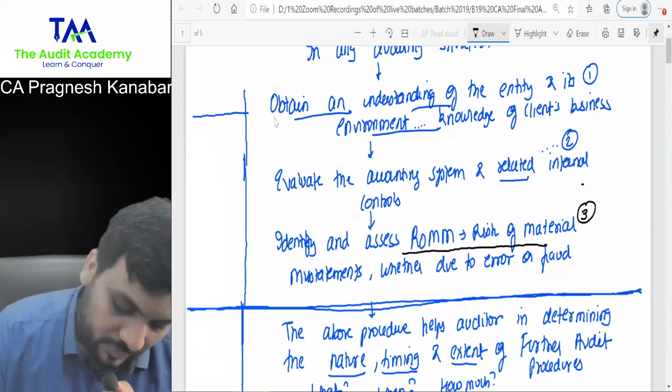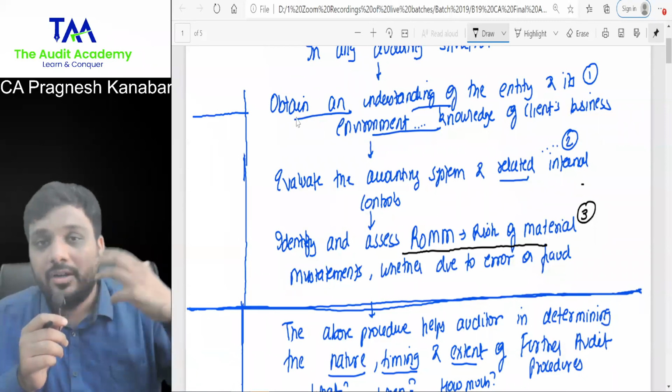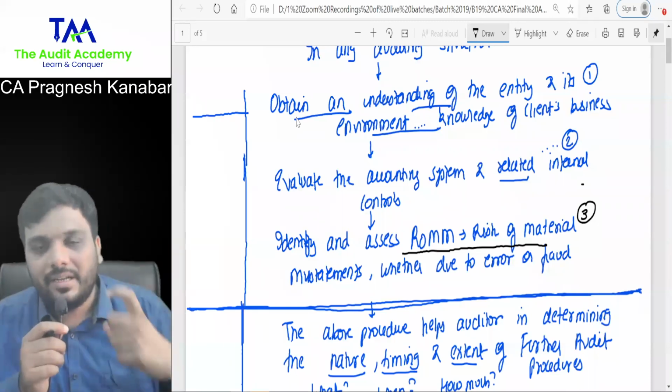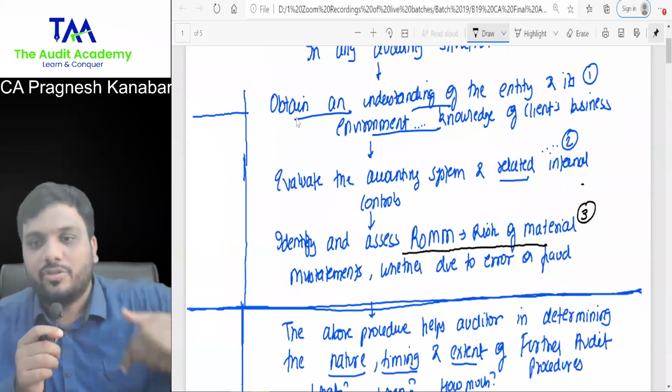And this full procedure, obtaining an understanding of the entity and its environment, that is, obtain knowledge of the client's business, evaluate the accounting system and related internal controls, identify and assess risk of material misstatement, whether due to fraud or error.